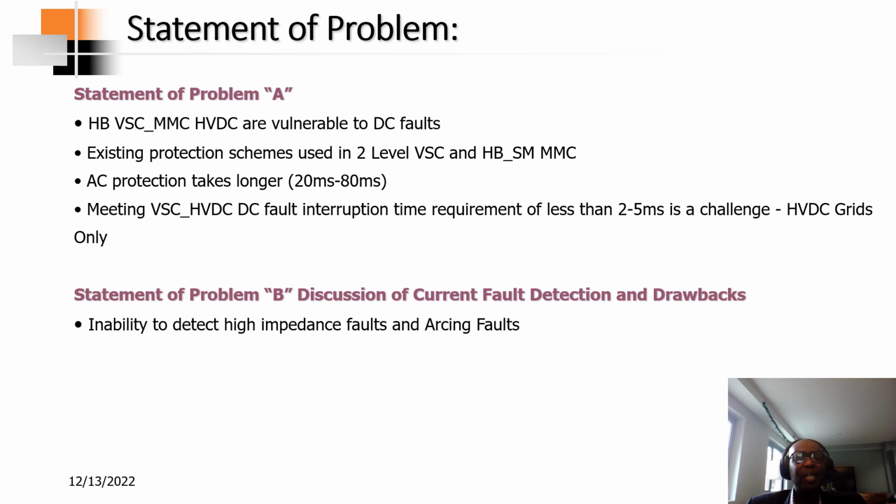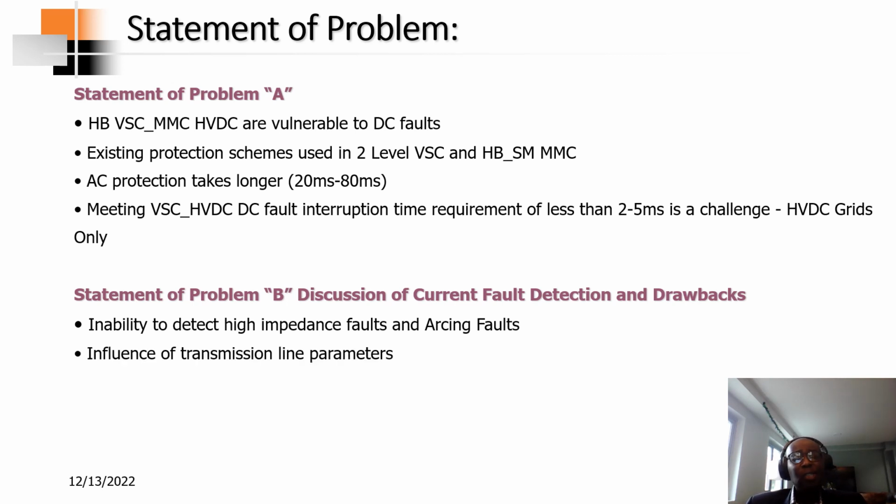They lack the ability to detect high impedance faults and arcing faults, because the current diminishes to the extent that the detection schemes cannot detect these very minute currents. As such, the fault current just stays there and can evolve and propagate into very disastrous faults.